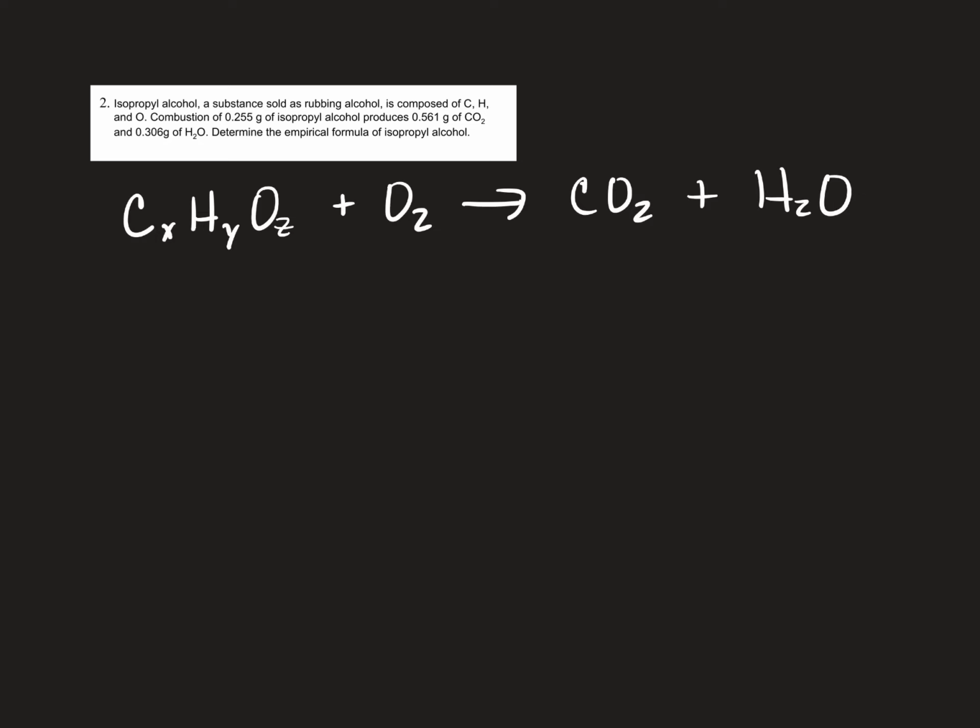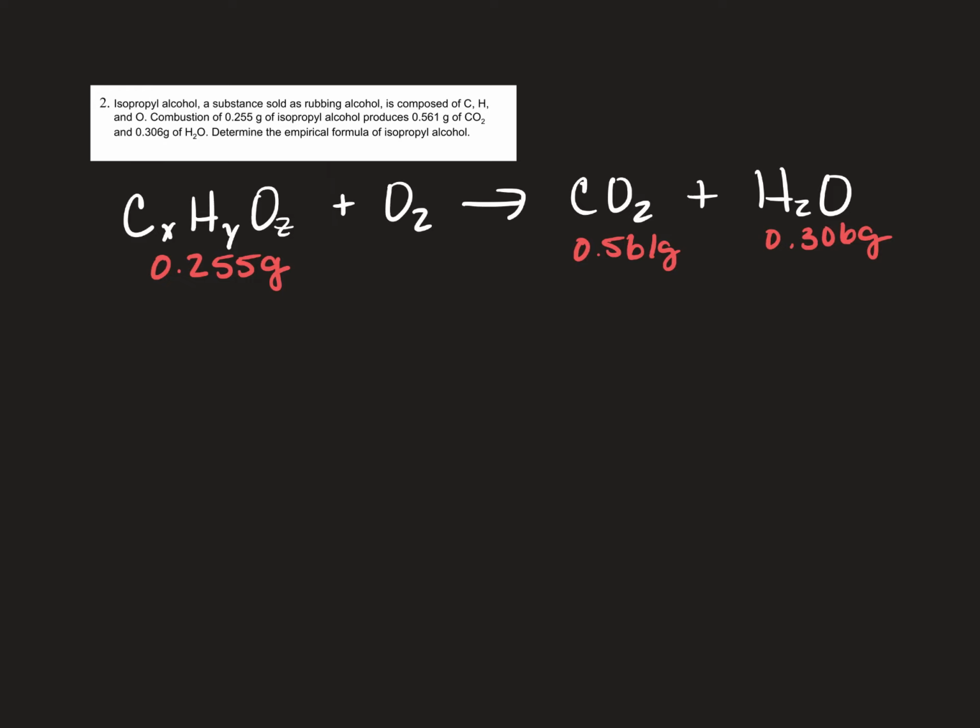It tells me that 0.255 grams of the isopropyl alcohol produces 0.561 grams of CO2 and 0.306 grams of water. We want to know the empirical formula of the compound.